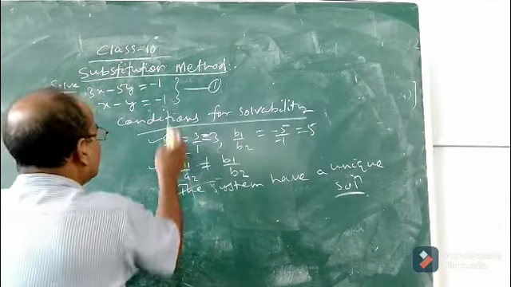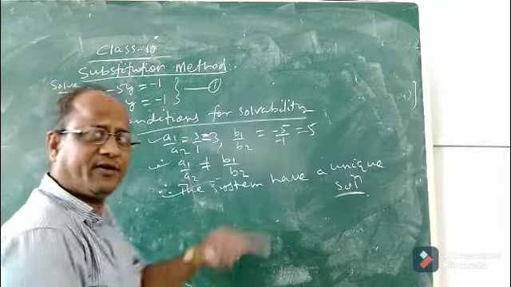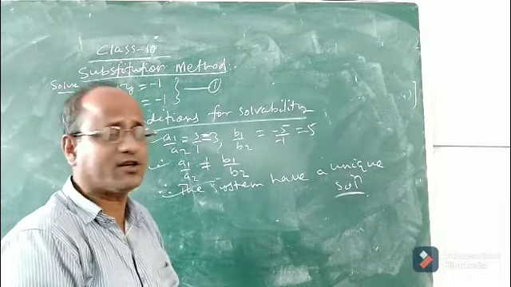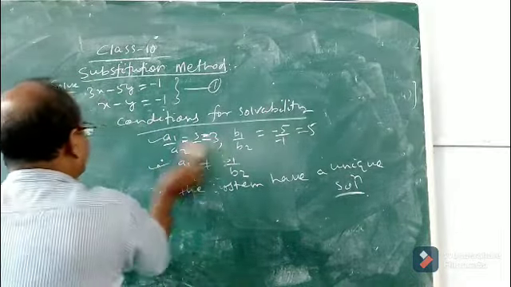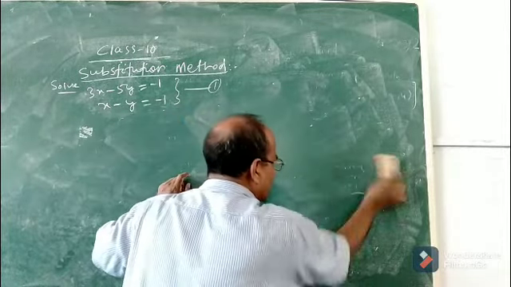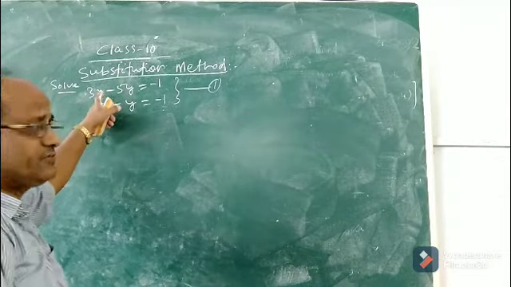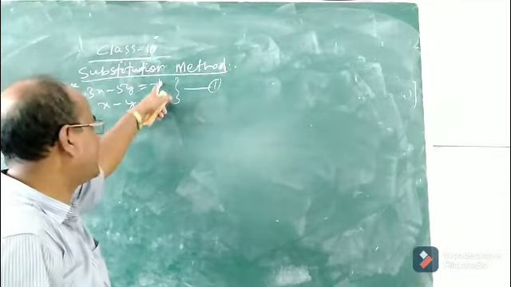Now let us see. So we came to know that the system has a unique solution. So how to get that unique solution? By substitution method. Let us see. What is the principle of substitution method? The principle is there are two equations.